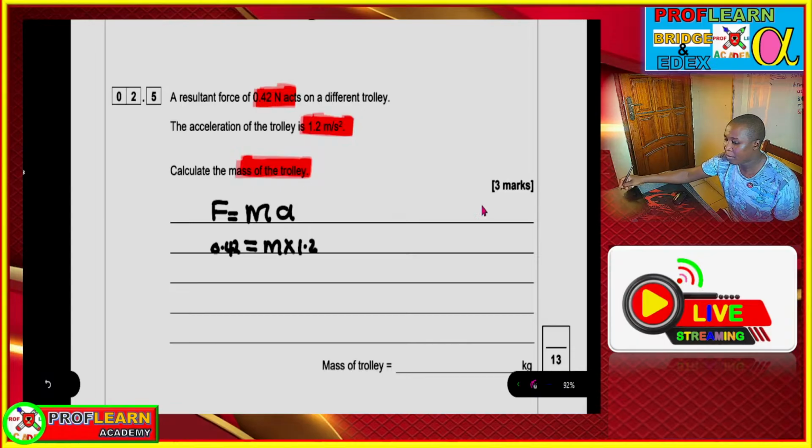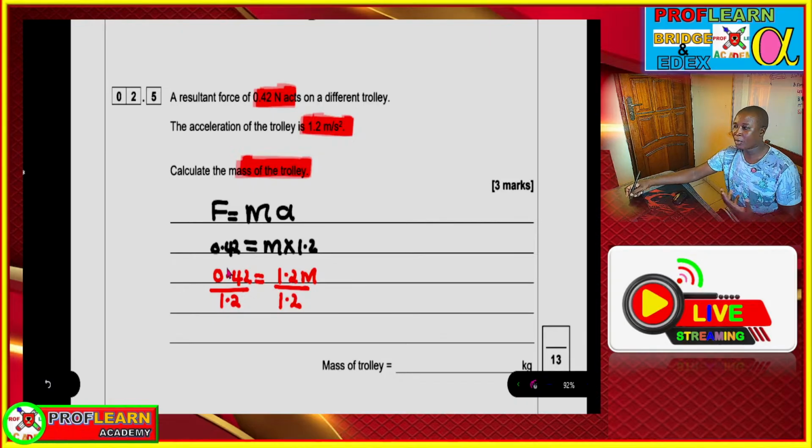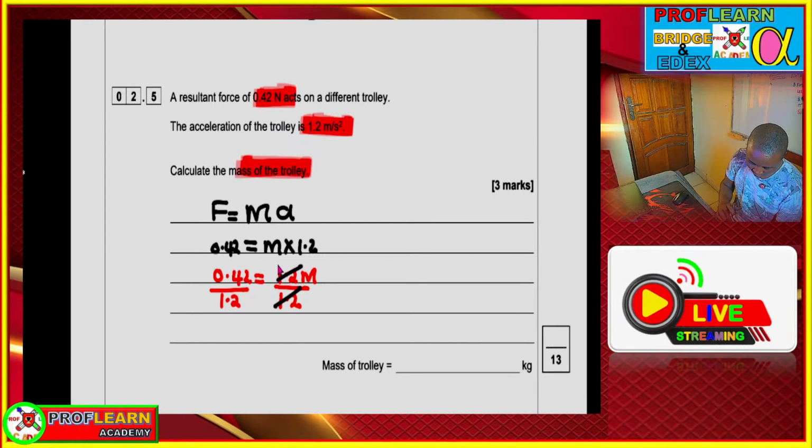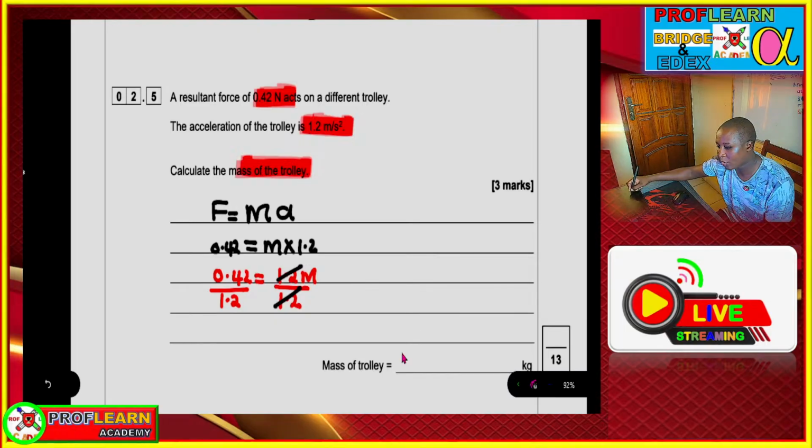This reduces to 0.42 equals 1.2m, then we divide both sides by 1.2, undoing the multiplication, so this and this cancel out. If you work it out, 0.42 divided by 1.2 gives our answer of 0.35.